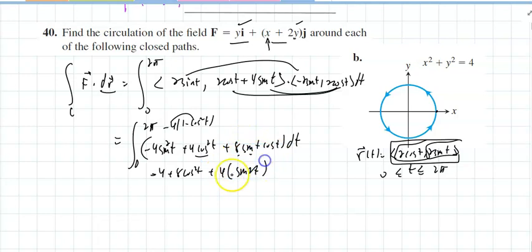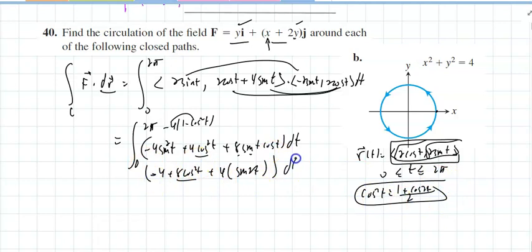That's sine of 2t. That you could integrate easily. This is negative 4. And you know how to do this? Power reduction. Remember, cosine squared of t is 1 plus the cosine of 2t divided by 2. When you square it, you can simplify that a bit. And that will take care of this section.